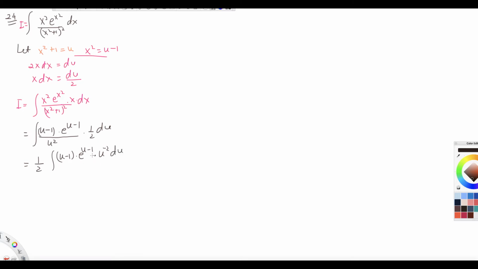So this is a little bit complicated, right? What I want to do is take this thing as u and this thing as v. Why did I do that? Because if I take this as v, then the entire derivative will go down, like u to the negative 1 and then u to the 0, you see that?